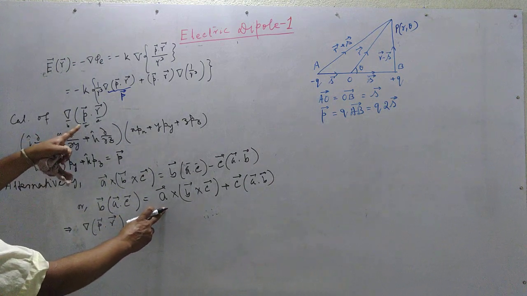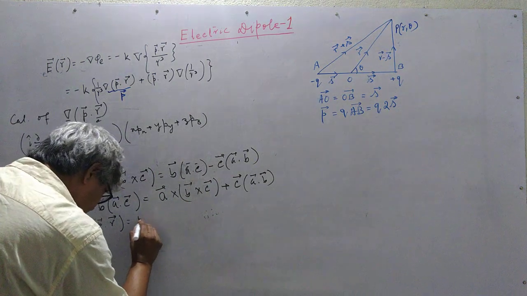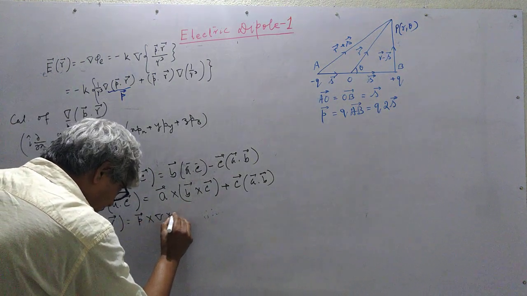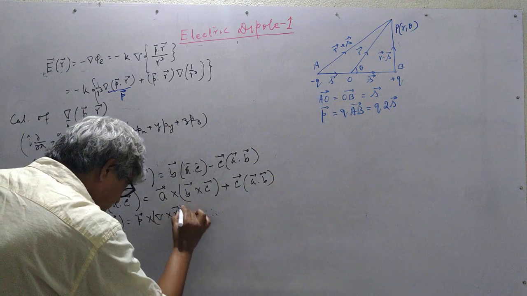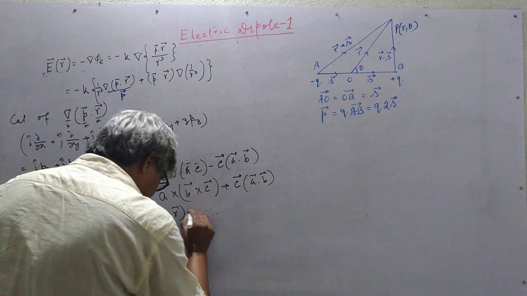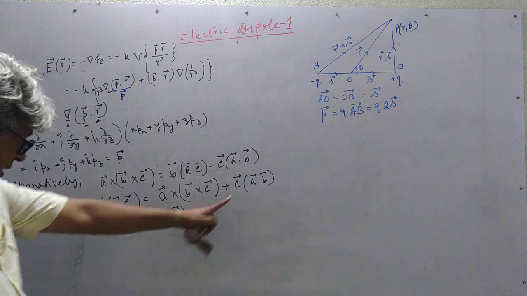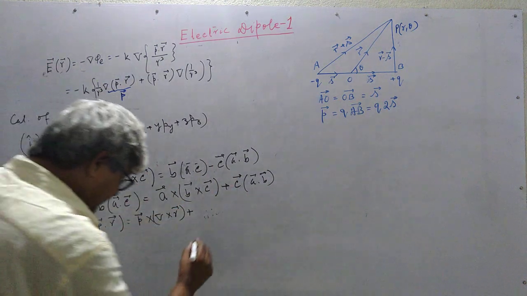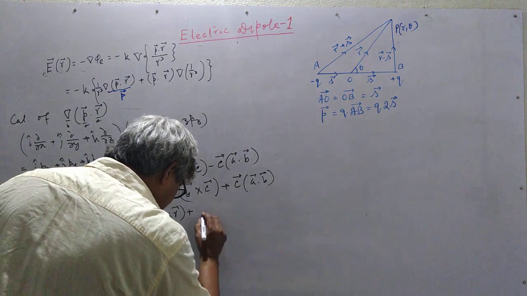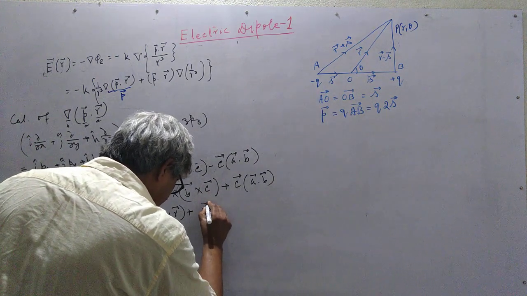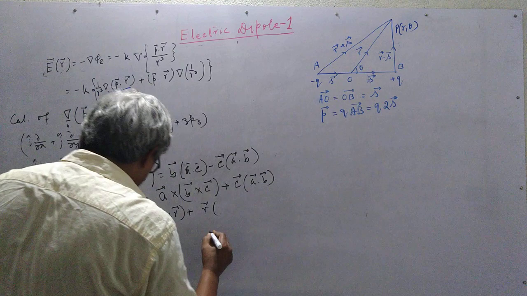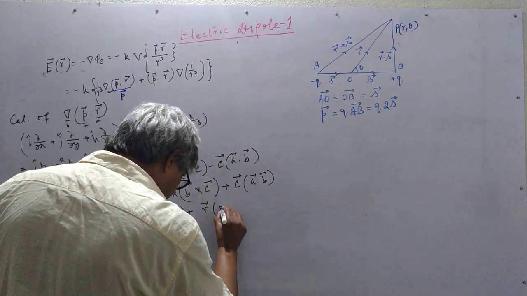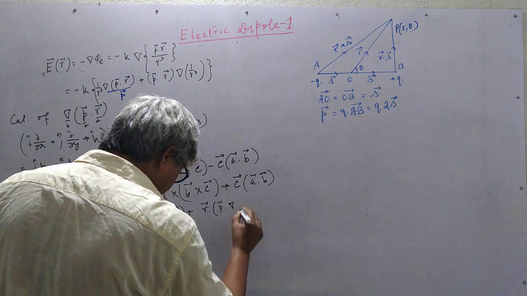For A we write P cross curl of R, plus, here comes the trick, C is equal to R. Usually we write R dot the cross product, A is P dot nabla.